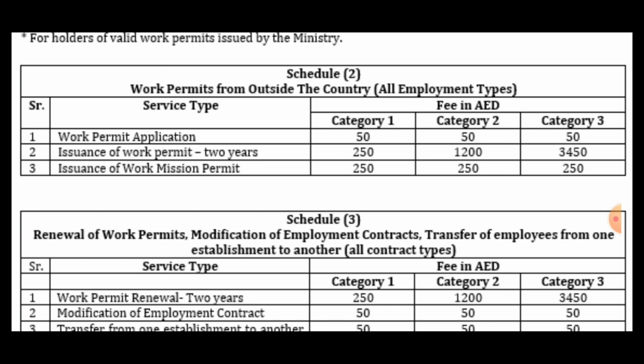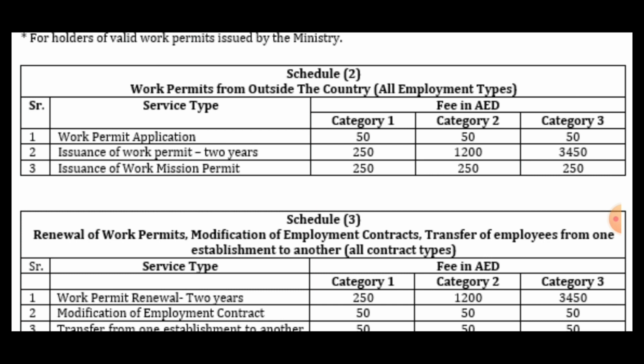As per the update until now, the work permit application for category 1 is 50, category 2 is also 50, and category 3 is also 50. And number 2, issuance of the work permit for 2 years: category 1 is 250, category 2 is 1200, and category 3 is 3450. The third one, issuing of the mission work permit, is 250 for all categories.